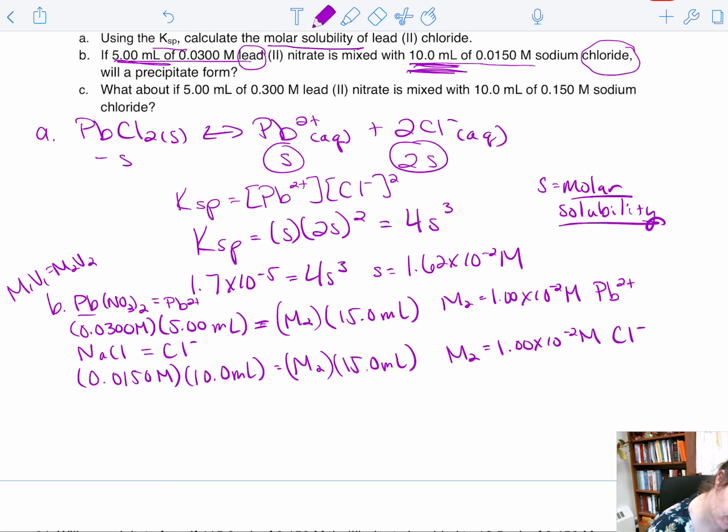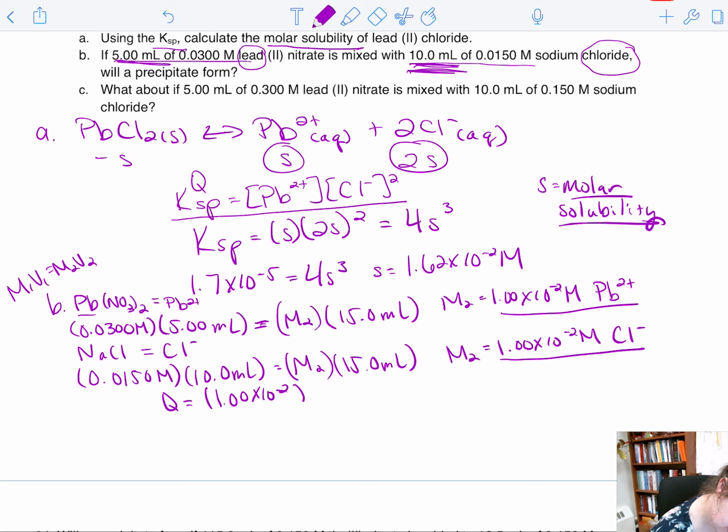Then we have the concentration of lead ions and the concentration of chlorine ions, and that will go into our Ksp expression. But now we're solving for Q because we're trying to see if a precipitate will form, and we're going to compare Q to Ksp. So Q is equal to 1.00 times 10 to the negative 2, and then 1.00 times 10 to the negative 2 squared for our chlorine.